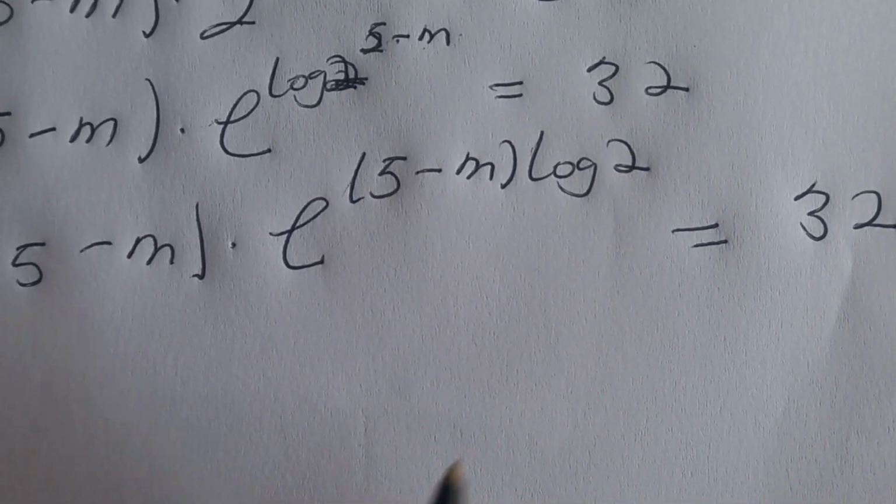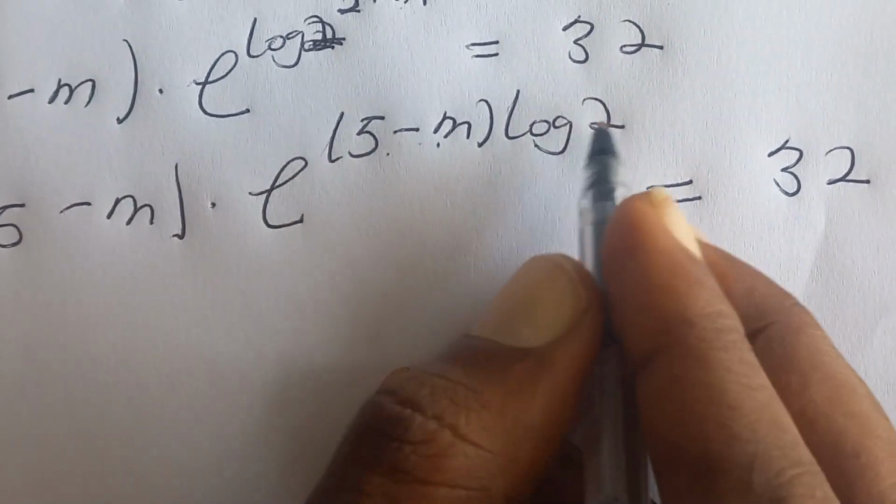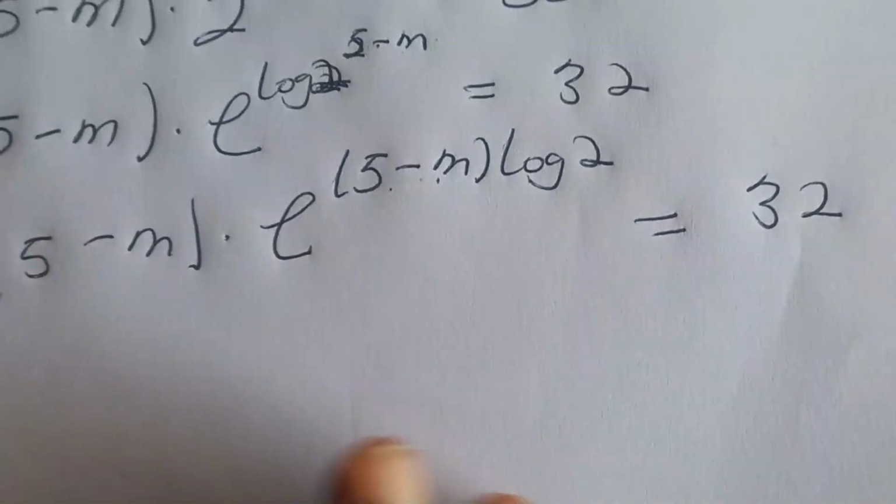Now, we are having 5 minus m log 2 here. So we can decide to multiply both sides by log 2.